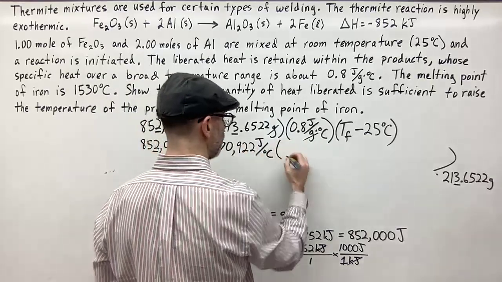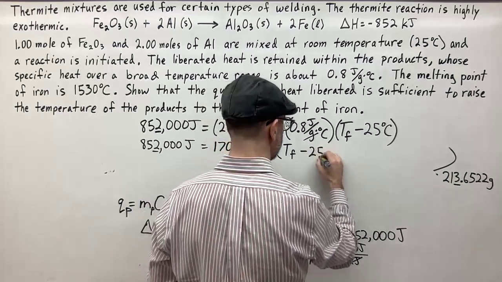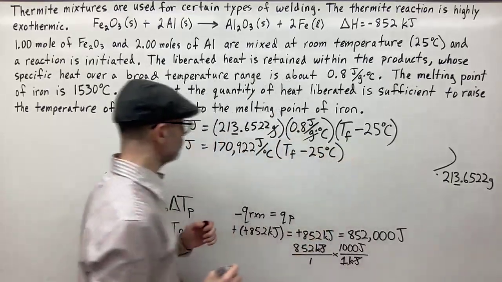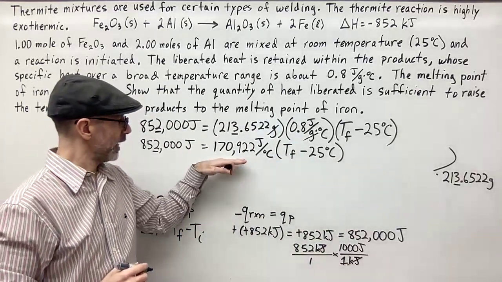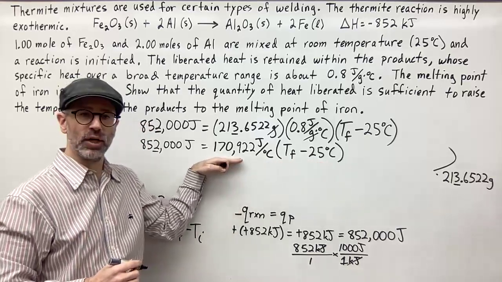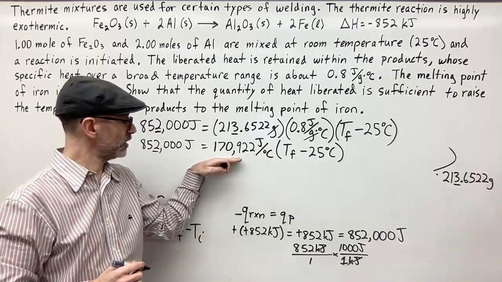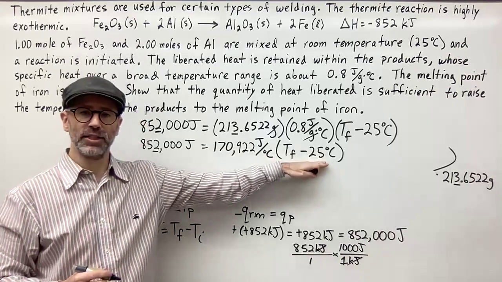Okay, and then this is going to be multiplied by TF minus 25 degrees Celsius. So now what I'm going to do is multiply this and distribute this to these two terms here. So I'm going to multiply 170,922 to the TF and to the minus 25.